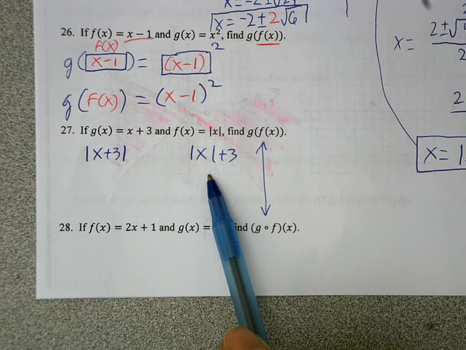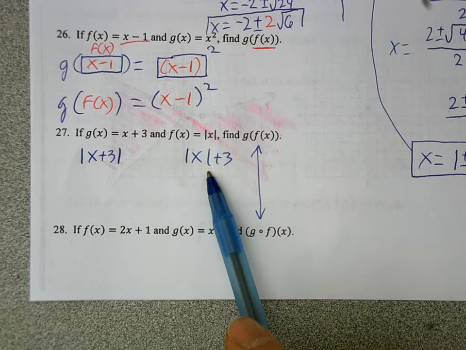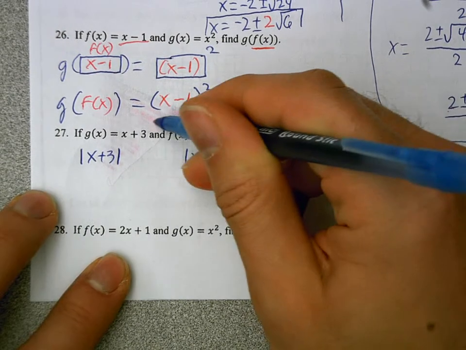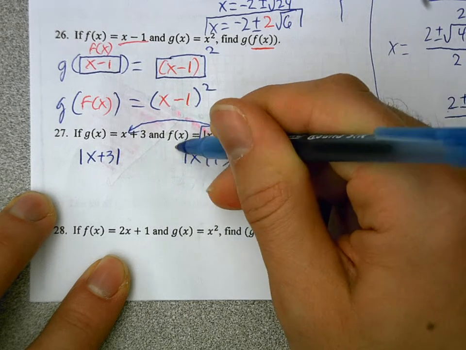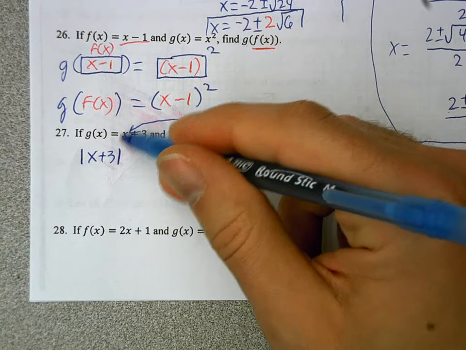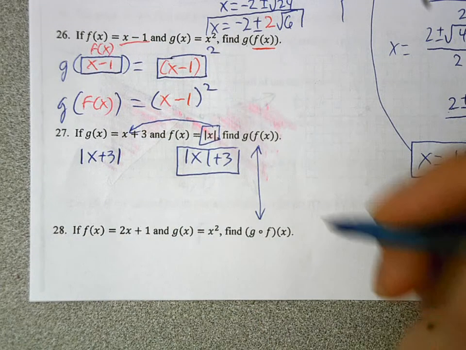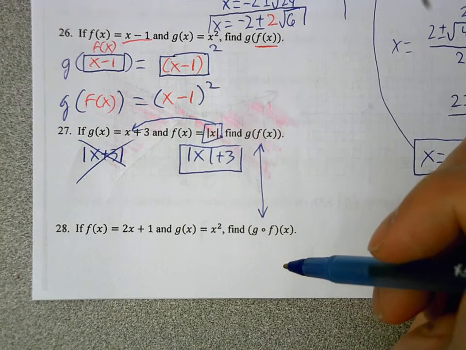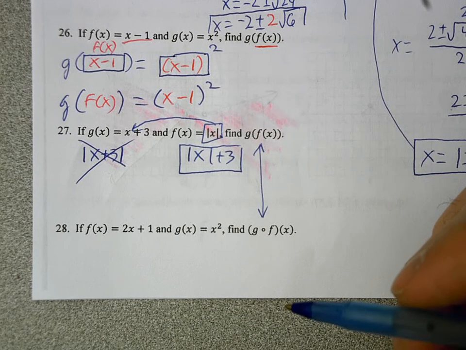So class, if you're taking f of x and putting it inside g of x, it's this one. The absolute value of x takes the place of the x that was there. So not this guy, that's f of g of x. That's putting g of x inside f of x. We want to take the absolute value of x.